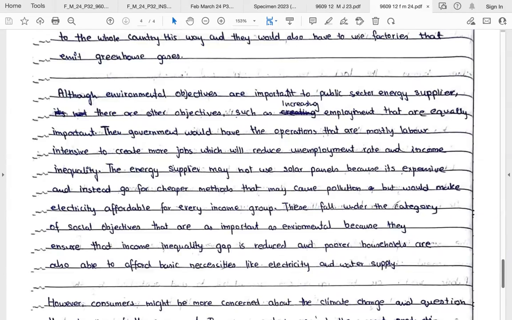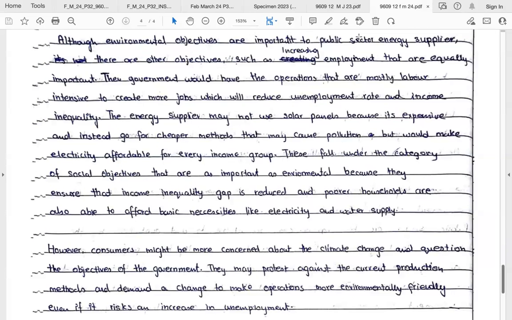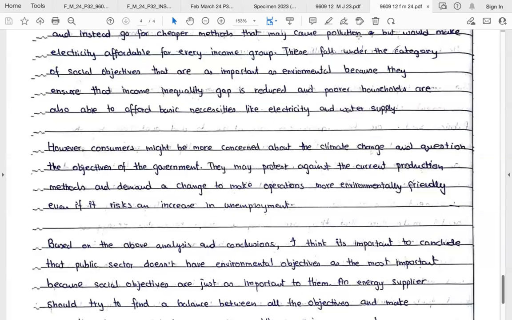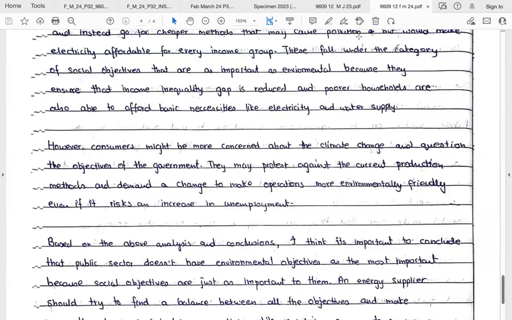The energy supply. Okay. These fall under the category of the social objectives that are also as important as environmental objectives, because they ensure that the income inequality gaps are reduced and poorer households are also able to afford the necessities like electricity. However, consumers might be more concerned about the climate change and question the objective of the government.